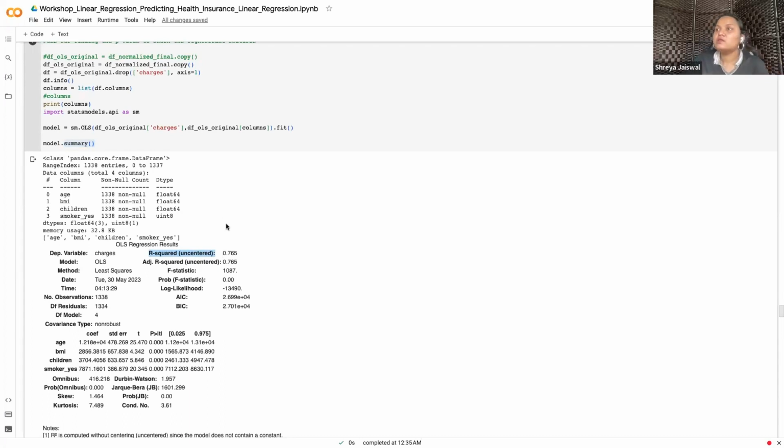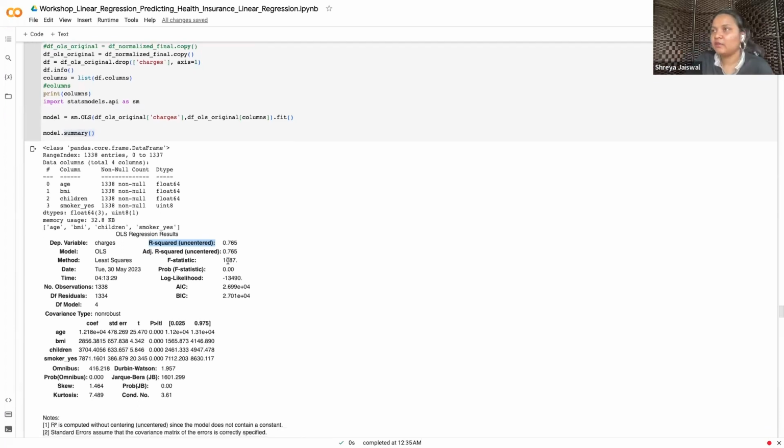It's on a scale of 0 to 1, with 1 meaning that your independent variables are important to determine the response. Here we have a value of 0.765, which is towards 1, so for now we can say the model indicates that your features are important to determine whatever you're looking for. In this case, you're looking for charges.